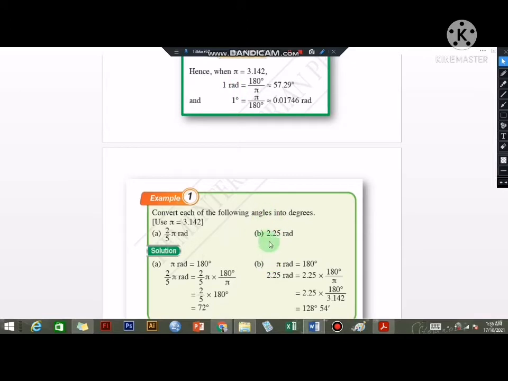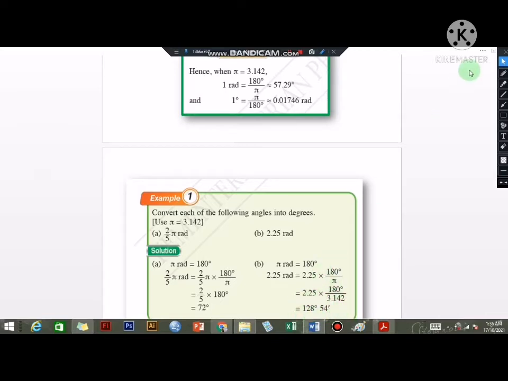Let's look at B, 2.25 radian. 2.25 radian is equal to 2.25, you just write it down again and then multiply with 180 degree over pi. Then your answer will be 128 degree 54 second.